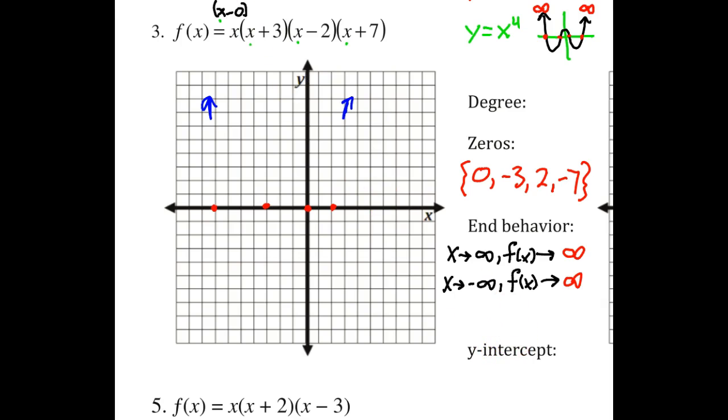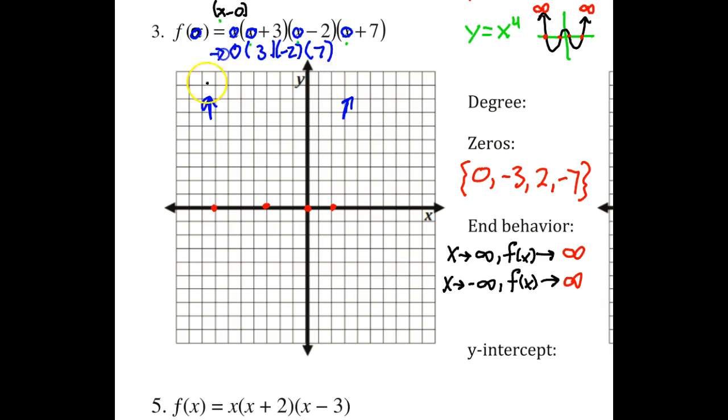Now the y-intercept, you can see that we already have a y-intercept at 0 because that happened to be an x-intercept. So anytime you have an x-intercept of 0, that's also going to be your y-intercept. But if you want to check it, you can still plug 0 in for x. So if we plug 0 in here, the first value we have is 0, and it's going to be times 3 times negative 2 times 7.